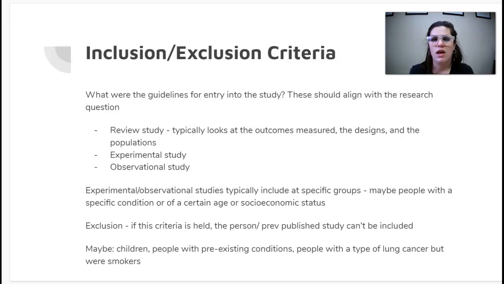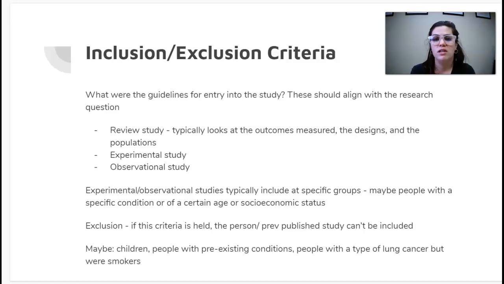Maybe they want to look at people who have the specific lung condition resulting from a genetic issue or from asbestos exposure rather than from cigarette smoking, because maybe they think that people who were previously smokers, their lung condition was caused by something else, and maybe this won't be an effective treatment for them.